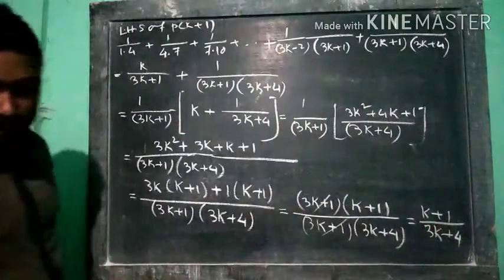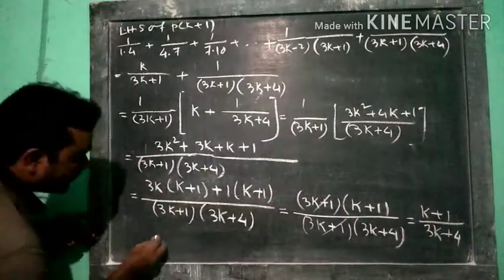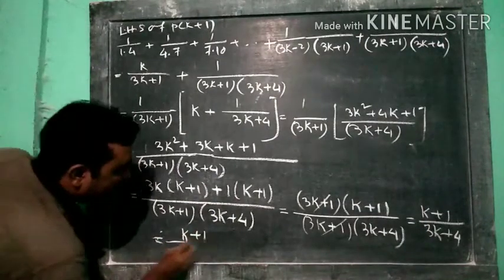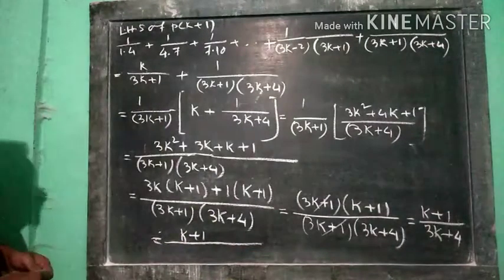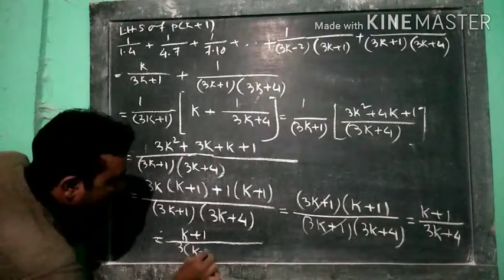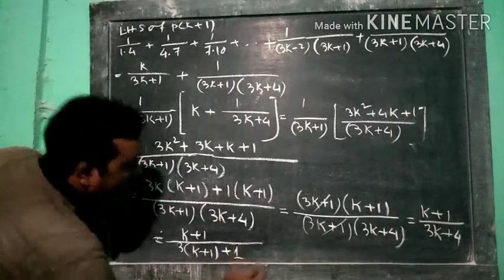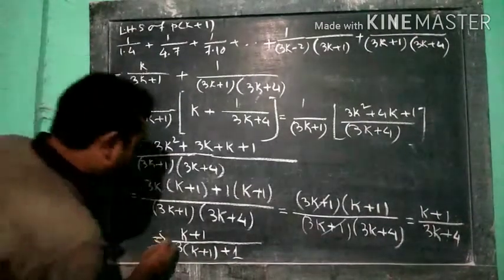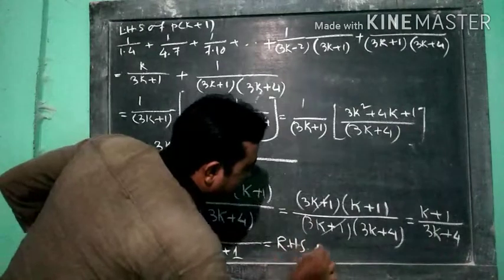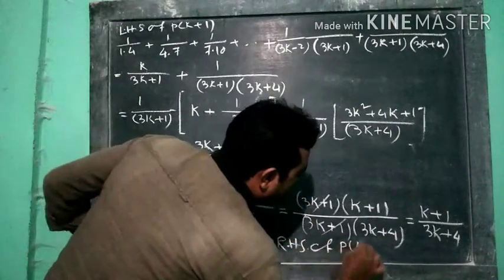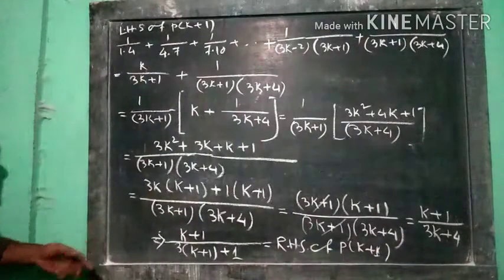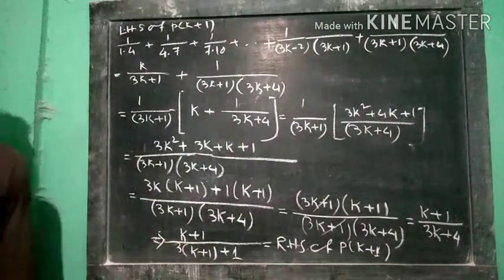So this can be written as k plus 1 divided by 3 whole into k plus 1 plus 1. This is the right hand side of p of k plus 1. So this is equal to the right hand side of p of k plus 1.